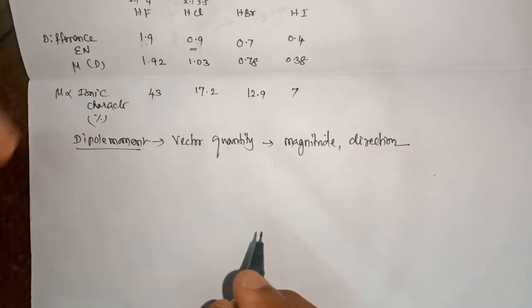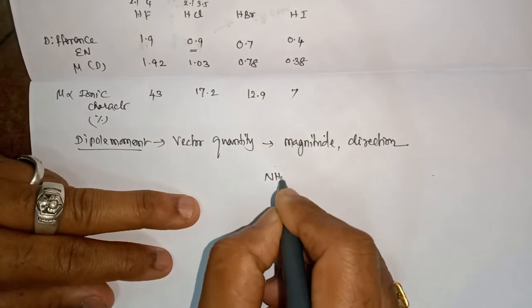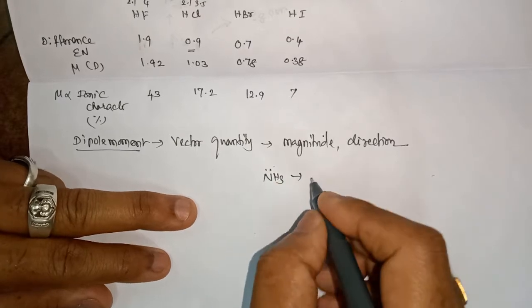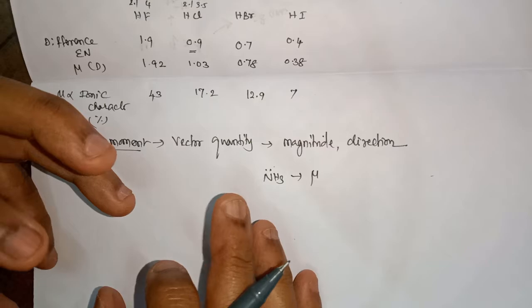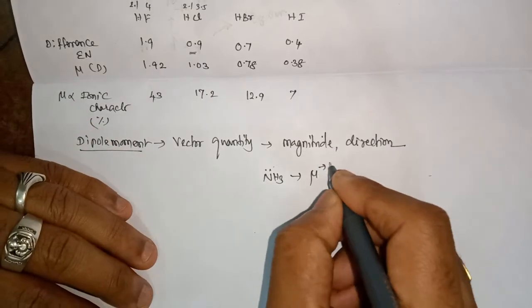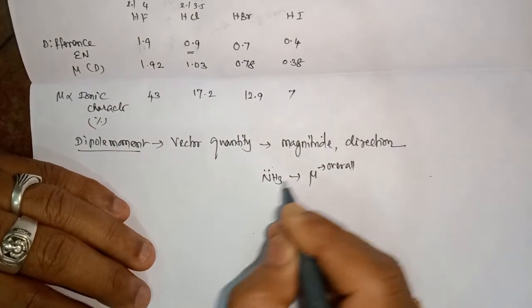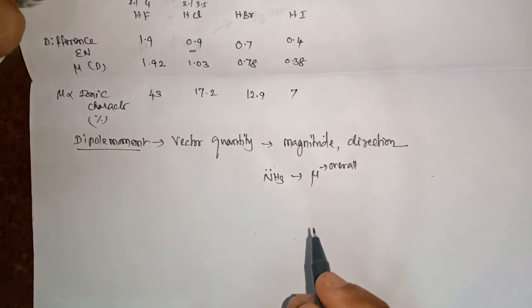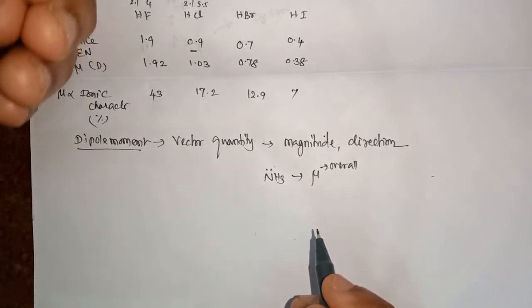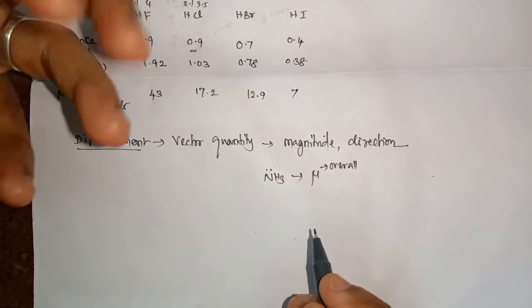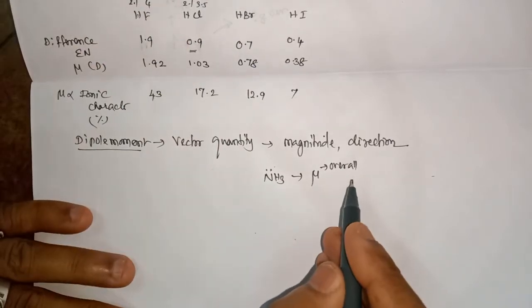Suppose I take an ammonia molecule. If we want to find the dipole moment of the ammonia molecule, it is called the overall dipole moment. When can I use the word overall? If the given molecule contains more than one bond, that is called overall dipole moment.